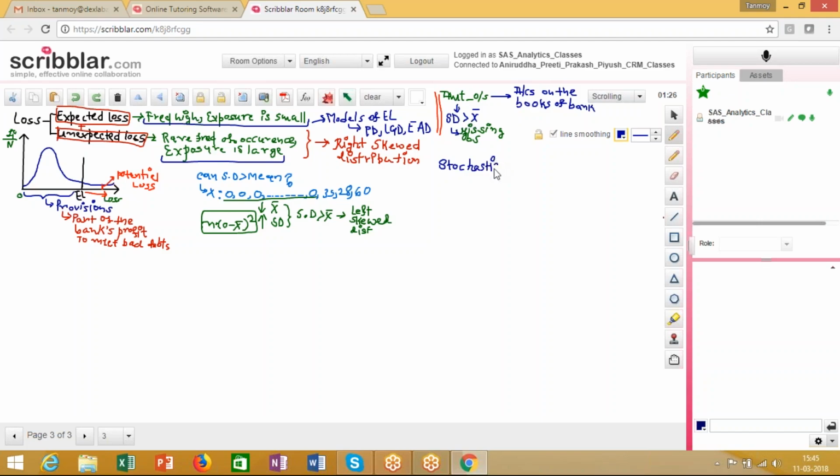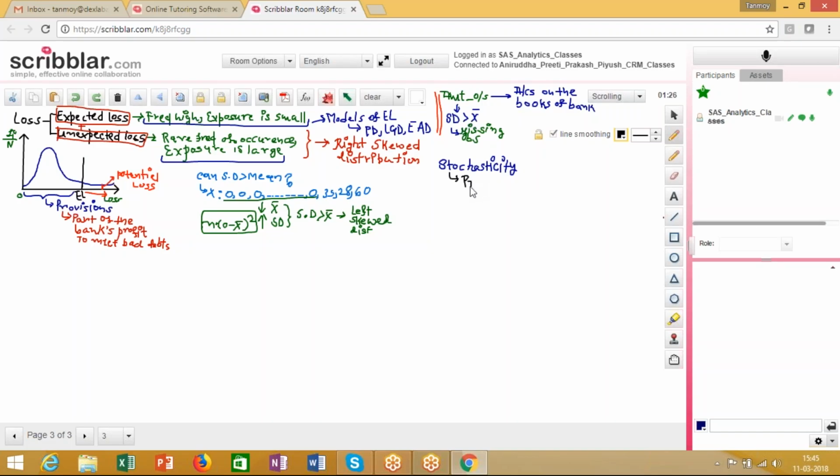So to understand the concept of stochasticity, we need to discuss the theory of probability, right? To assess stochasticity, we'll assess this in light of probability.